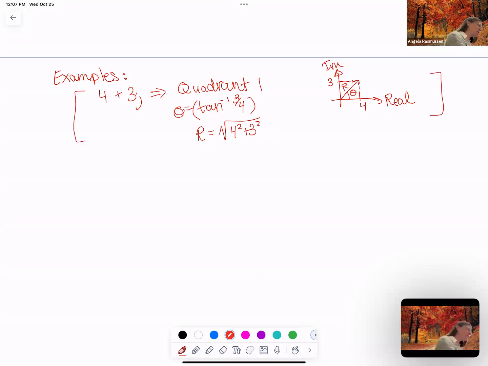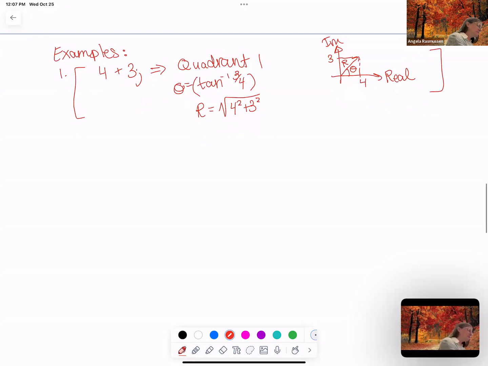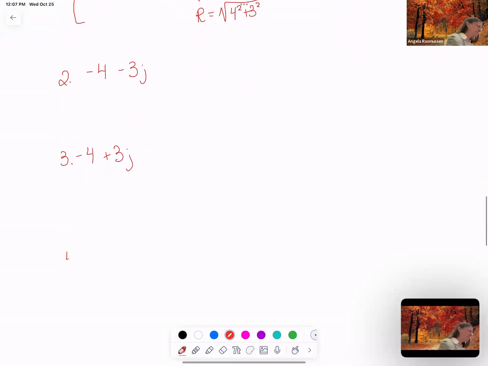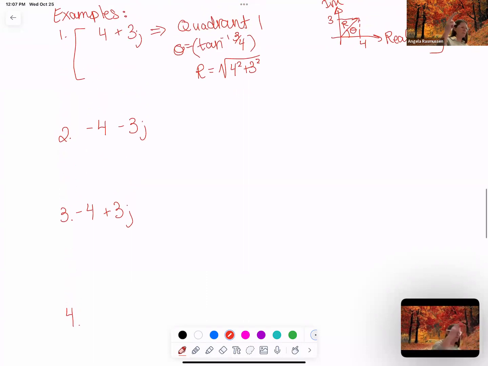Let me give you a few to work on. Minus 4 plus 3j. And this minus, which one am I missing?